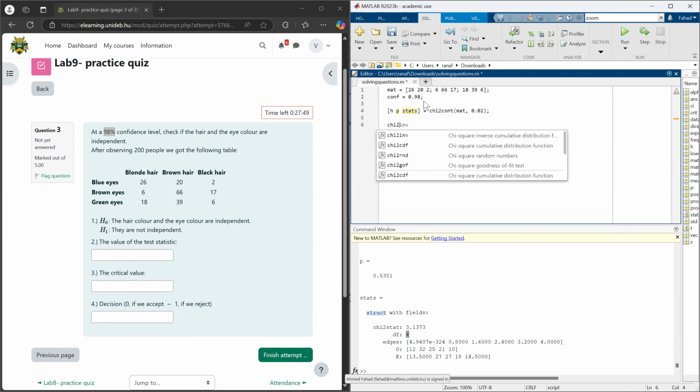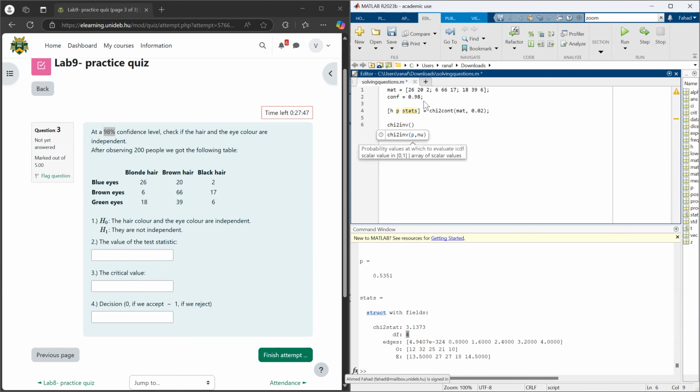So you do G2inv. The first thing that you provide for the critical value is the confidence, and then the degrees of freedom. In the previous case, with arrays, we just had n minus 1 as the degrees of freedom.